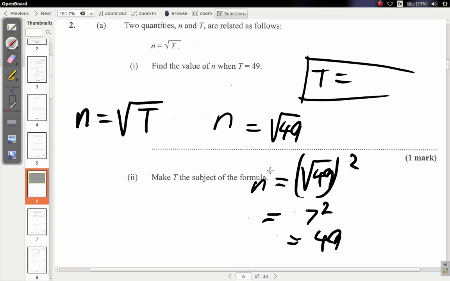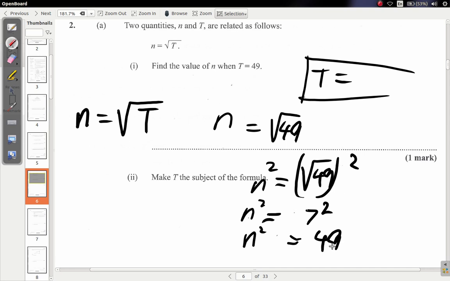And when you square the right hand side, you must square the left hand side too, so you square n. So the square root of 49, squared, is equal to n squared. If you square the square root of a number, the square and square root cancel one another. So the number is left undisturbed.